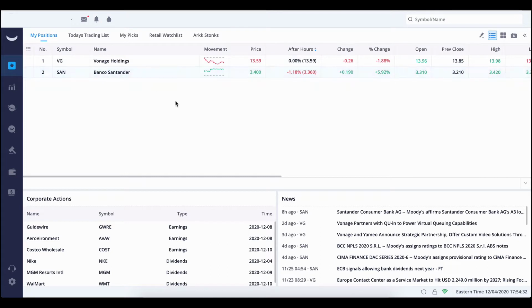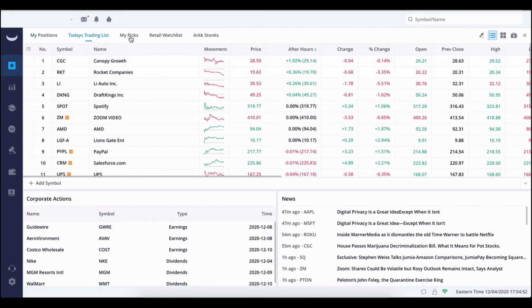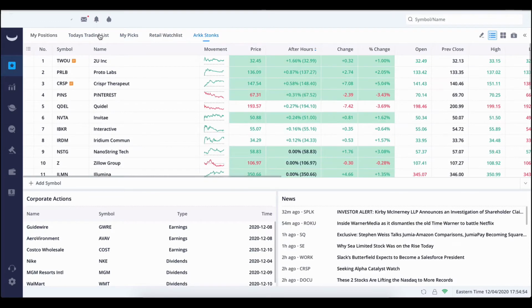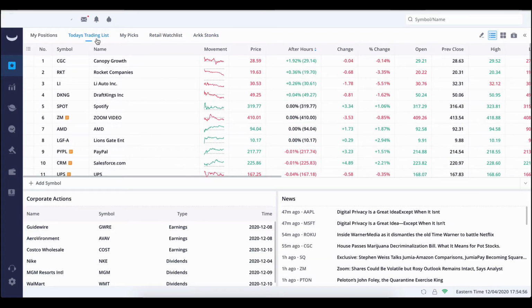So my own stocks, these are the ones that I was given. As you can see, I don't own that many stocks on Webull because I primarily use it for trading. I have a different brokerage account just for investing. Then these are my list of stocks that I have created, the stocks that I'm looking to trade that day. I change them in and out depending on what's hot this week.